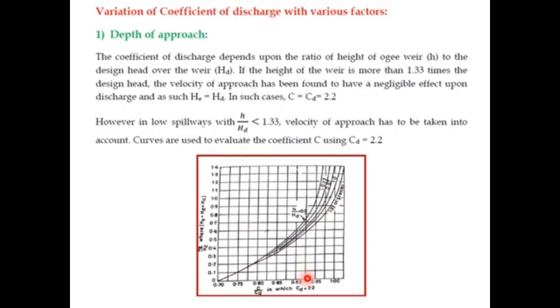Then you multiply 0.92 by 2.2, and that gives the coefficient of discharge. So you can modify the coefficient of discharge particularly in the case of a low spillway. However, there is no problem for high spillways where the ratio of height of the ogee to the design head is greater than 1.33.